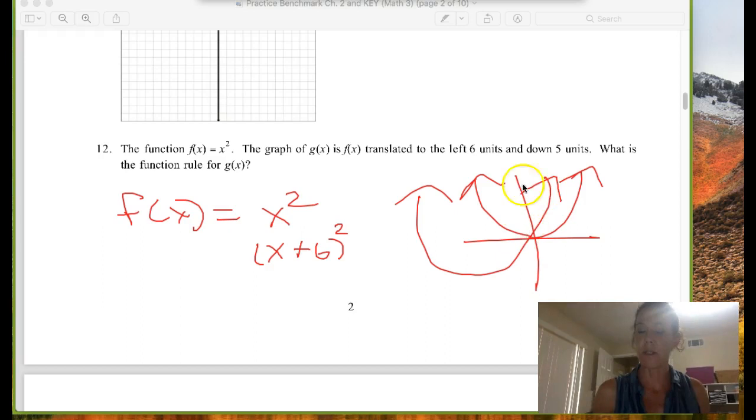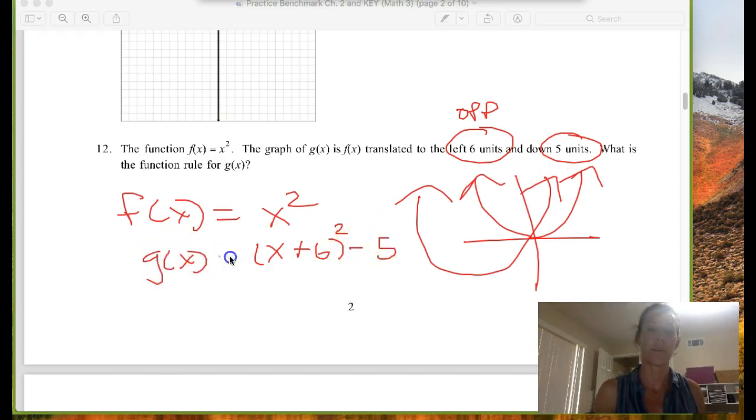Down 5 units, well, up and down is the y value, so it's straightforward. I subtract 5. Just remember, left and right is opposite. Up and down is just straightforward. So left 6 means I add 6. Down 5, I just subtract 5. And there's my g of x, and you're done.